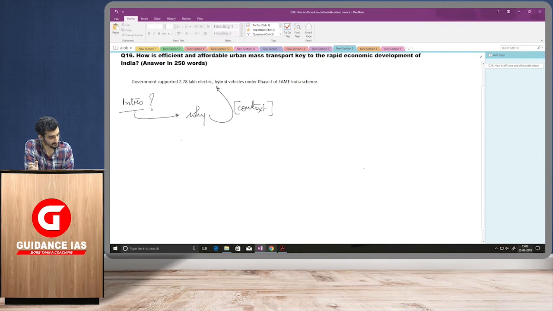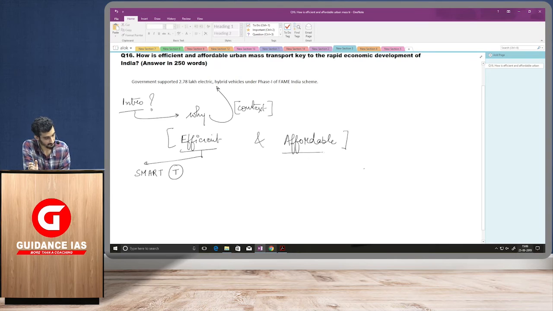define what efficient and affordable transportation actually means. So by efficient, it means smart transportation, and by affordable, it means which caters to the needs of masses, is rapid, is inclusive.